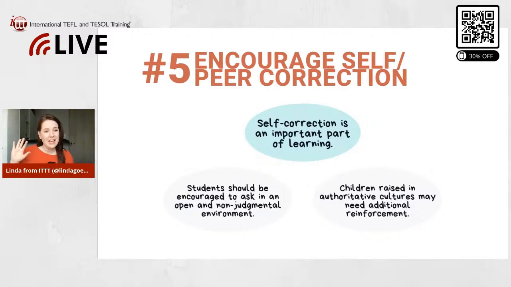But maybe teenager age, those young learners, they tend to be more reserved and maybe feel embarrassed speaking English or a different language. So you as a teacher really need to make them feel safe in your classroom and encourage self-correction and peer correction, that it's okay to make mistakes, right?